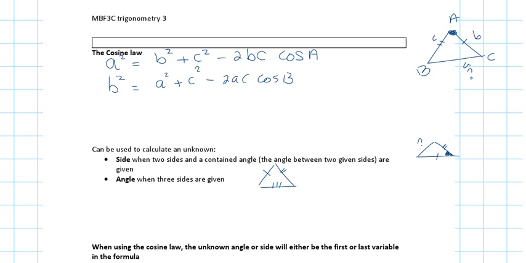Now if you're looking for C, which ones will be given to me? A and B. So it's going to be A squared plus B squared minus 2AB cosine angle C. So you see that the side here is going to match the angle, right?